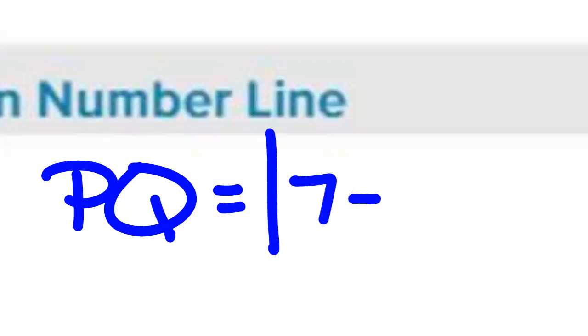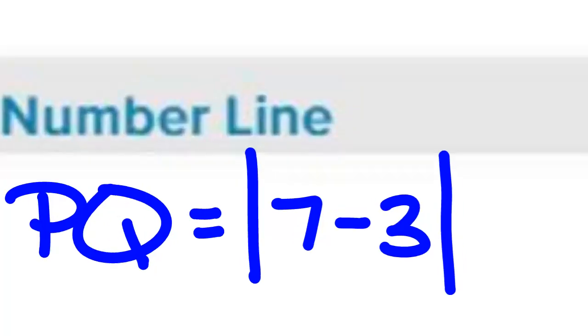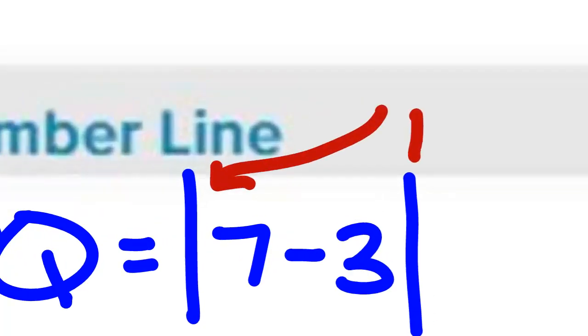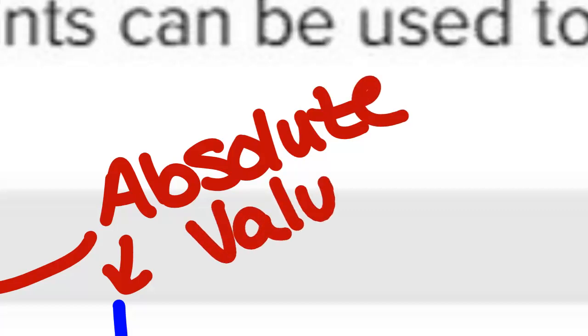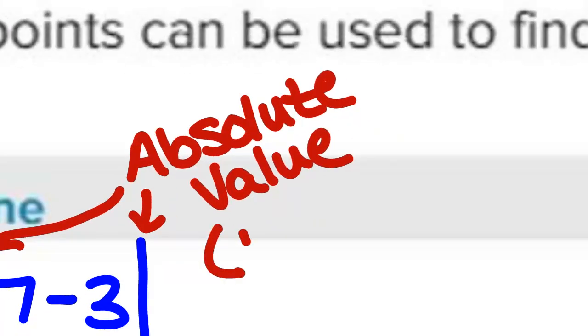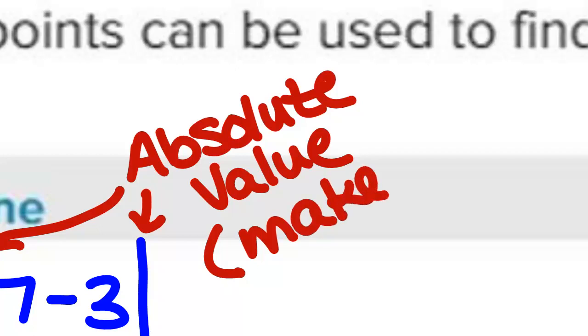So I can do 7 minus 3 inside these absolute value bars. It's going to make it positive in case it comes out negative.